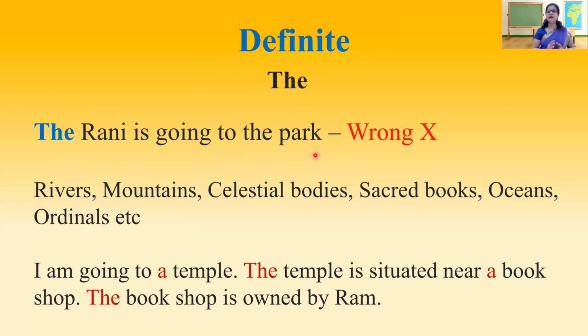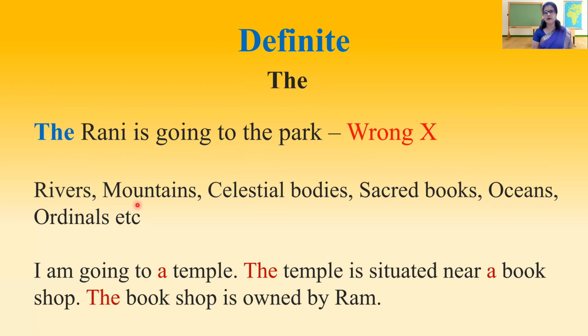Okay. So then when we have to use the? The must be used in front of the names of the river. For example, the Ganga, the Yamuna, the Brahmaputra, the Krishna. So the Ganga is flowing. It is understood that you are talking about the name of the river. You are not talking about the name of the girl, isn't it? So in the same way, mountains, the must be used in front of the names of the mountains.